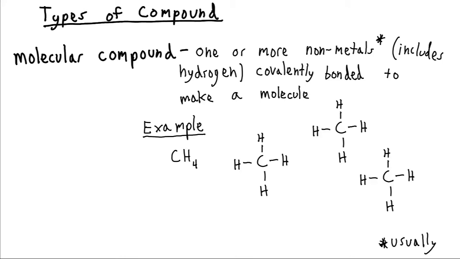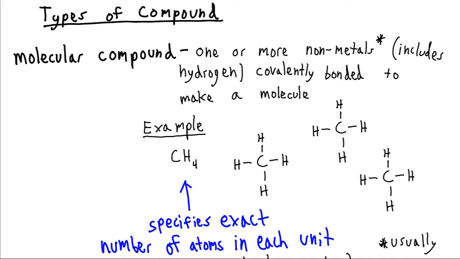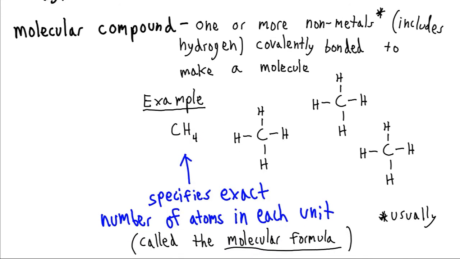So something like methane is CH4. And this formula here tells us that we have one carbon and 4 hydrogens associated with it. And this is called a molecular formula whenever you have a formula that gives you the exact quantities of the atoms involved.